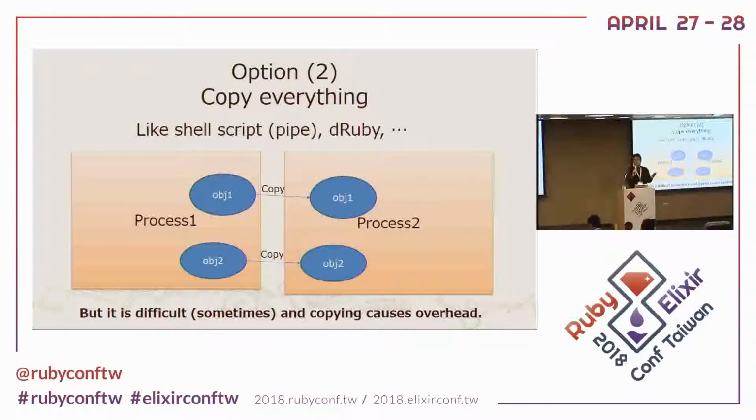So there is no sharing. But it is difficult. If we have no shared data, it is difficult to program some kinds of programs. And in some cases the object or some data is very big, then transferring from process 1 to process 2 will have some overhead.